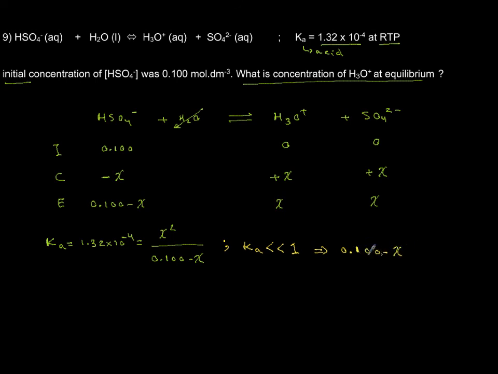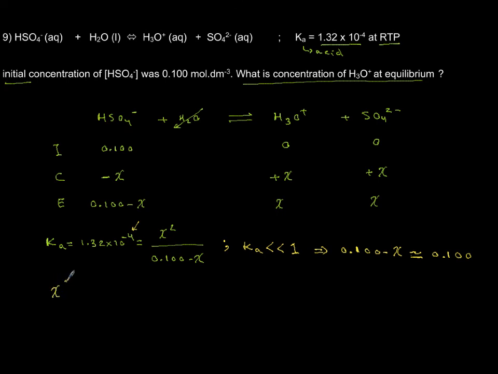So 0.1 minus X is really approximately equal to 0.1. This is our approximation, which is true because of the magnitude being so small. So if Ka is much smaller than 1, X, you will calculate it. I will show you in 5 seconds that it's so small that when you subtract it from 0.1, you really are not changing that value. So now life becomes easier.